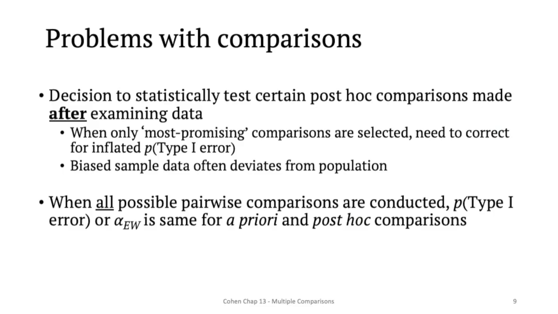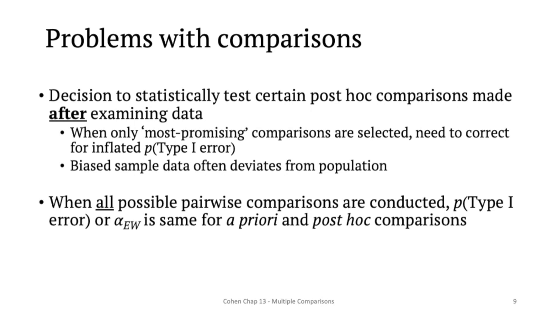So this kind of repeats a little bit of what I said, but the problem with comparisons for the post hoc or making the decision after the fact is the decision is based on examining the data. And generally, you're only examining the most promising comparisons, which means you're selecting what tests you're going to do based on the results of previous tests.